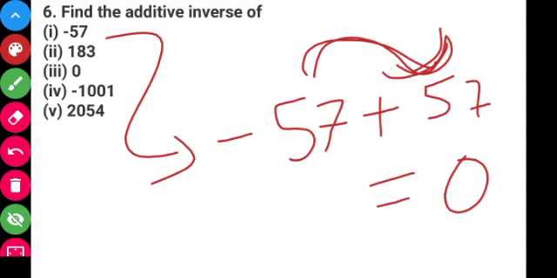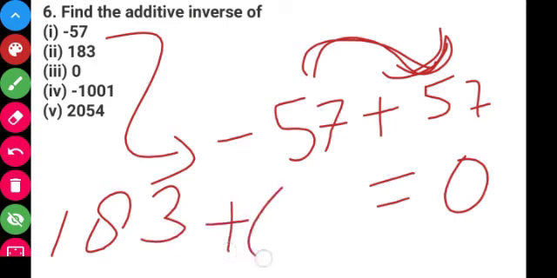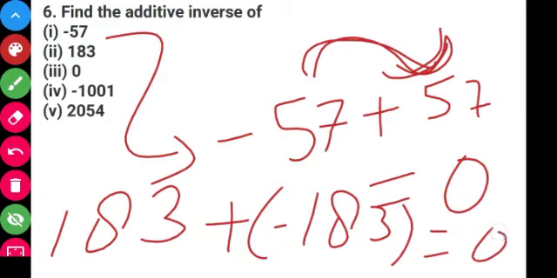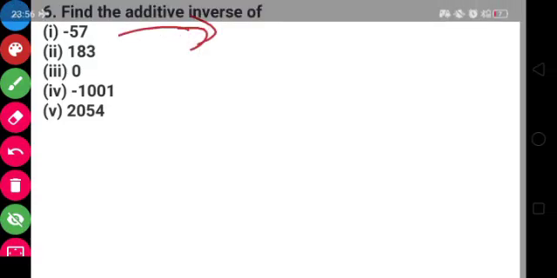Similarly 183. Which number is added to this number? So plus minus 183, this is also 0. So that means to write the additive inverse of any number, you write that number with the opposite sign. Here it is minus 57, so it will be 57 only.